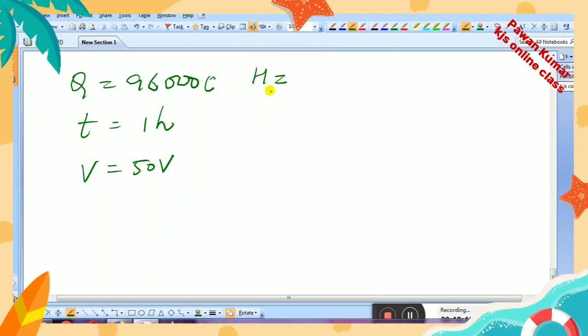What formula can we apply here? Look children, if you know Q and T, that means you know I. You know V, you know I, and you also know the time. So you can apply here the formula of energy as VIT. What is V? V is 50.